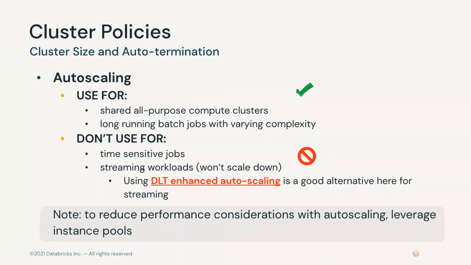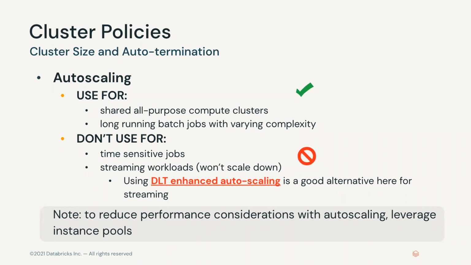However, then there's also jobs that you don't want to use it for. So time-sensitive jobs, like I just mentioned, especially if you're looking at something that you want to run once every hour, and you need to finish it within that hour, for example, you don't want to necessarily have auto scaling bog that process down.